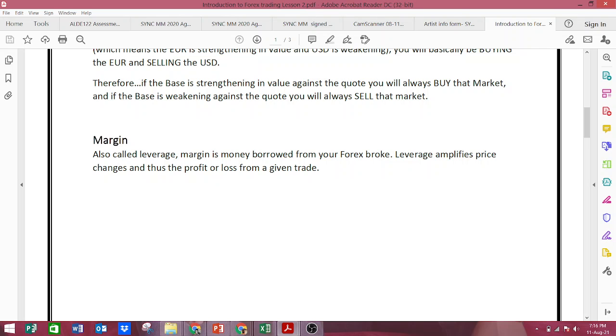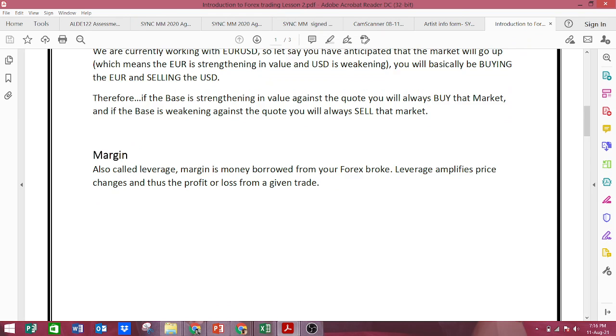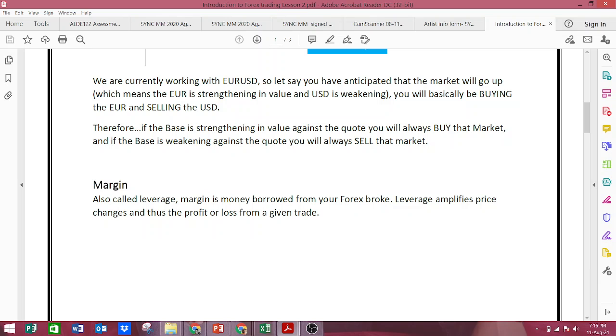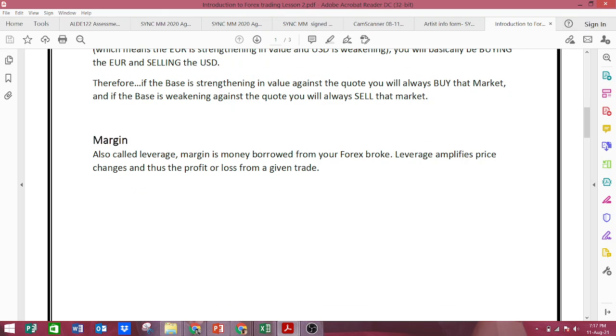What the 1 is to 1,000 means is that you can open positions or trades as if you are trading with an account that has 1,000 USD in it, even though you have deposited only 100 USD.